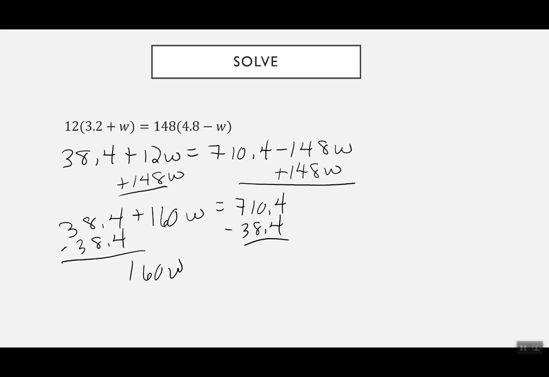So 710.4 minus 38.4 gives me 672. We're going to divide now by 160. So I have 672 divided by 160 gives me 4.2.